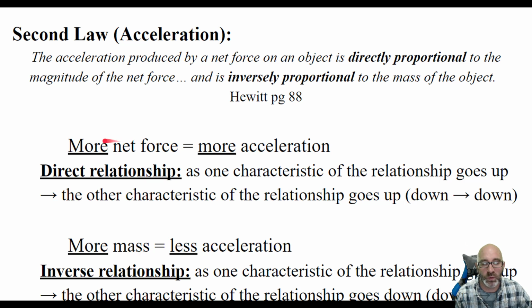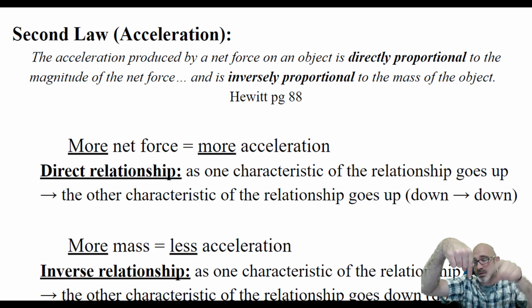And so as one thing gets bigger, force, acceleration gets bigger as well. This is what's known as a direct relationship. As one characteristic in the relationship goes up, a different characteristic in the relationship goes up. If one characteristic goes down, the other one goes down as well.